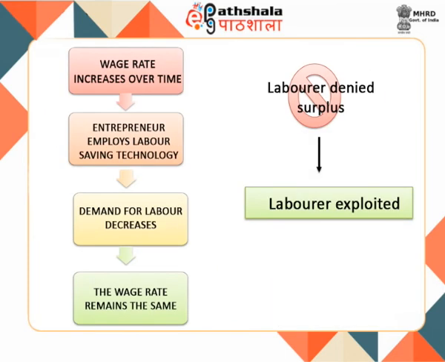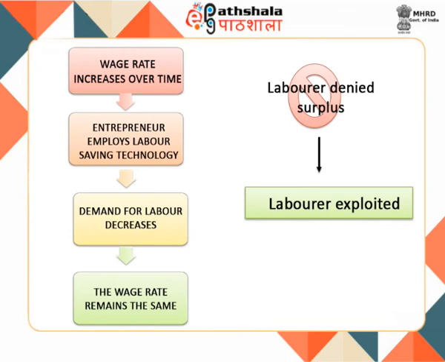Even if the wage rate tends to increase over time, the entrepreneur will employ labor saving technology. The resulting effect is that the demand for labor decreases and the wage rate remains the same. Since the laborer is denied the surplus value generated due to the rise in productivity of labor, according to Marx, the laborer is said to be exploited.